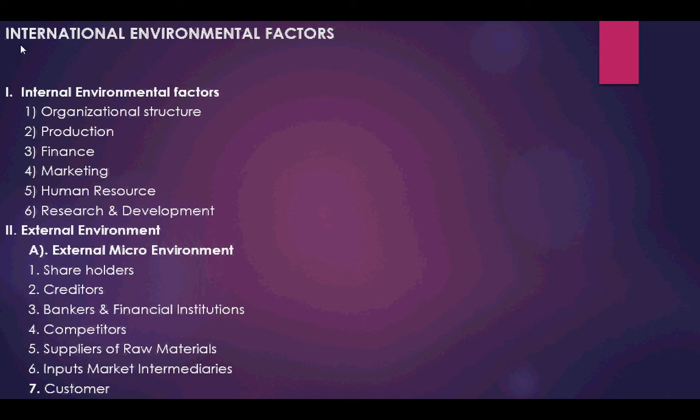Stakeholders are nothing but the people or the structure which affects the business operations directly, including shareholders, creditors, bankers and financial institutions, competitors, suppliers of raw materials, inputs, market intermediaries, customers. Almost. So the business has control over these external micro environmental factors.